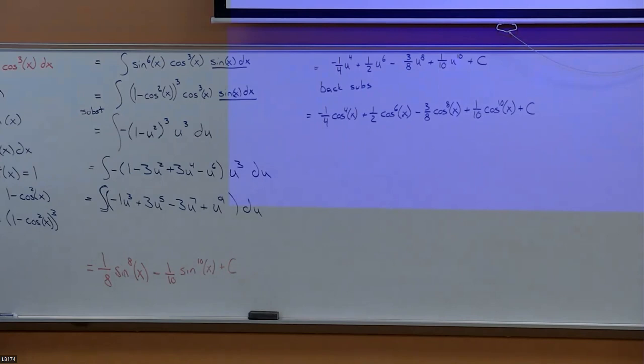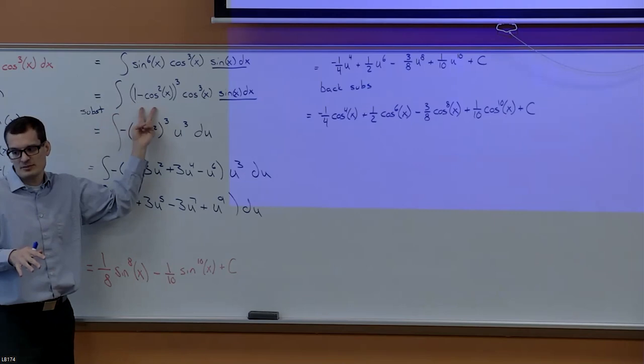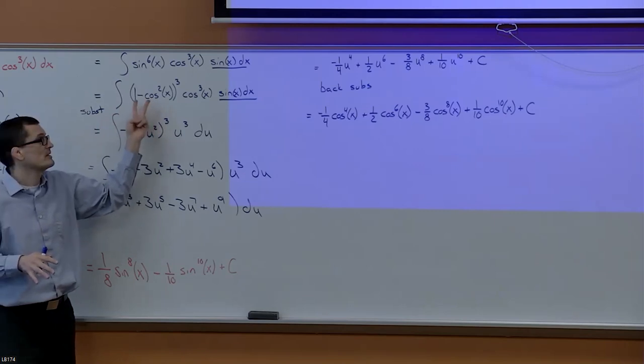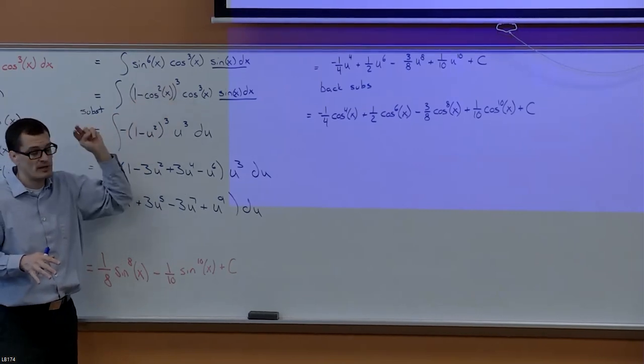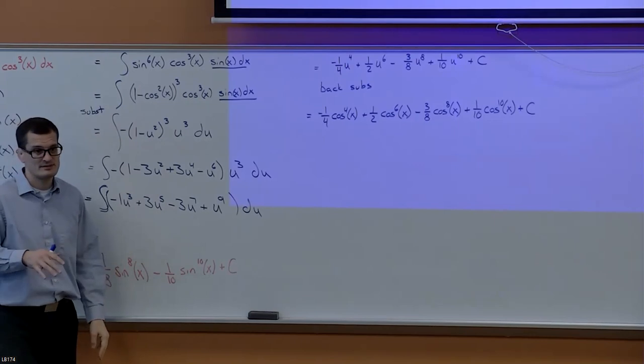Now, all of that is to say this polynomial multiplication can take a minute. And so the less of that I do, the better, right? The less of this polynomial multiplication stuff I have to do, raising 1 minus cosine squared to the 3rd power, 1 minus u squared to the 3rd power.